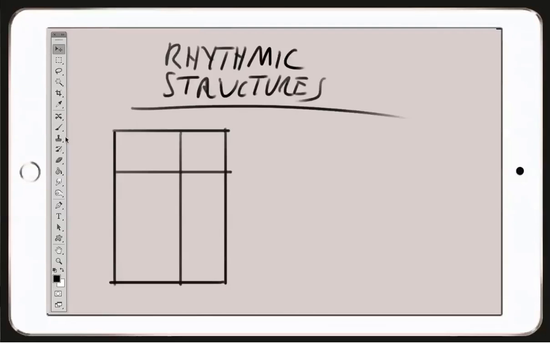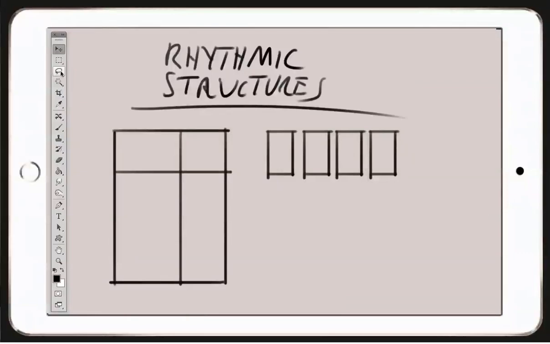And before I talk about the rhythm that is set up within this structure, this cross structure, I want to first draw this shape here, and then I'm going to repeat it. So what I have here is repetition.